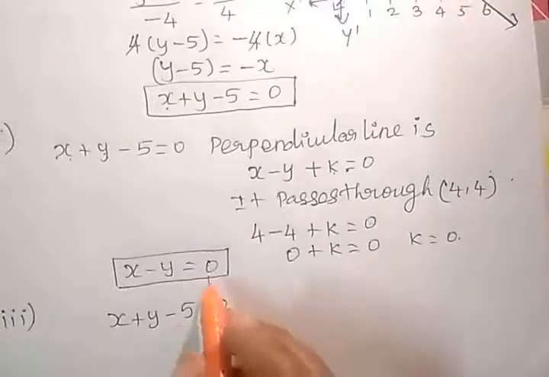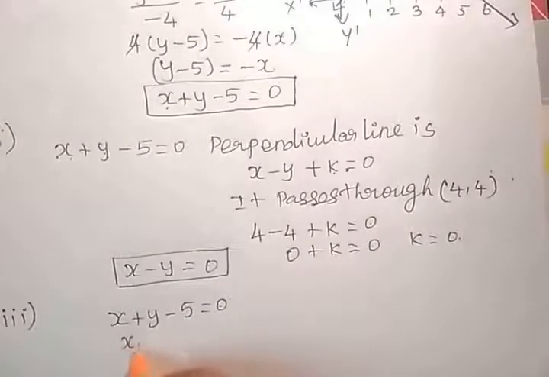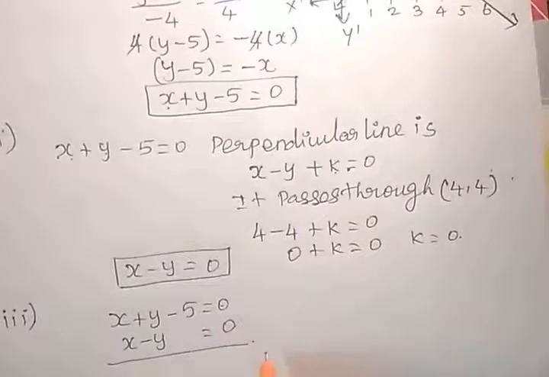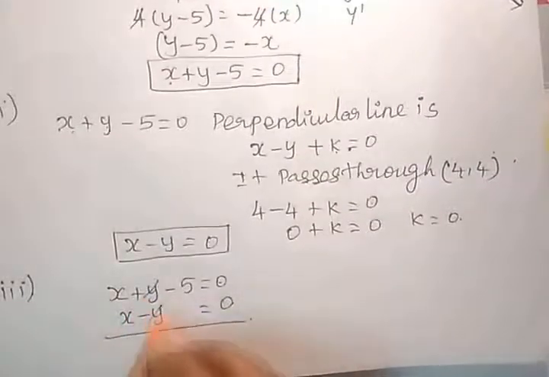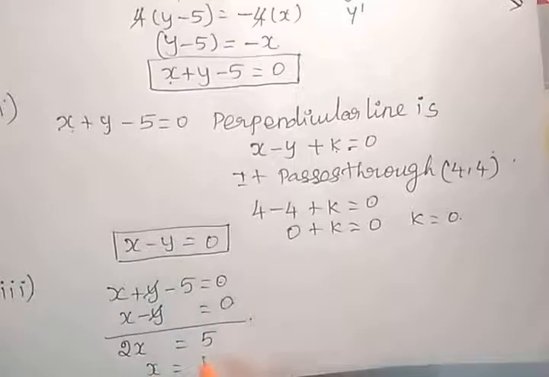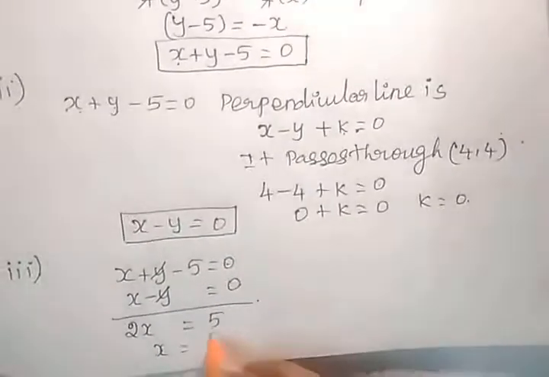The equation of the line CP is x minus y is equal to 0. Solving the two equations, plus y and minus y cancel. So, 2x is equal to 5, and x is equal to 5 by 2.